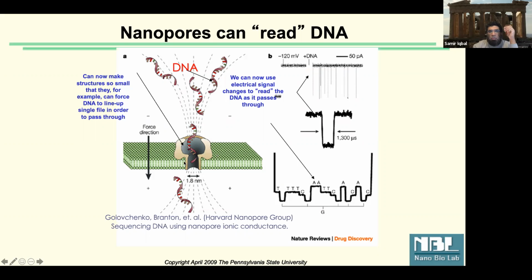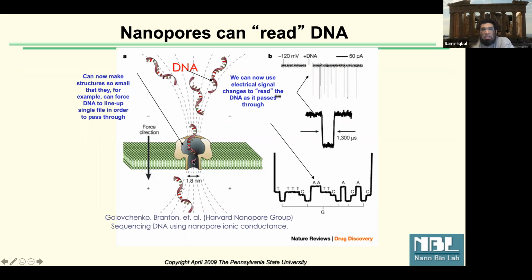You can see my arrow, right? Now when a DNA molecule passes through, it blocks the flow of ions. Basically, that results in a reduction in current. So this reduction in current, this pulse or this negative spike, is exactly because of these DNA molecules.